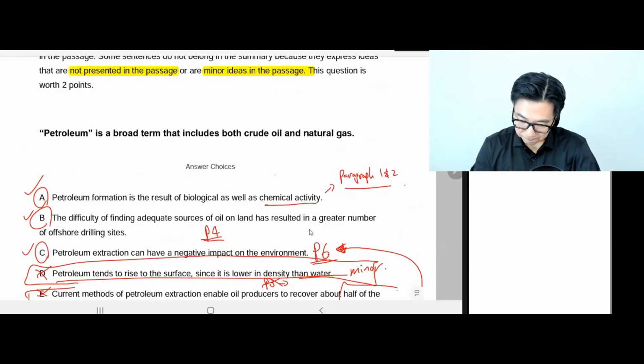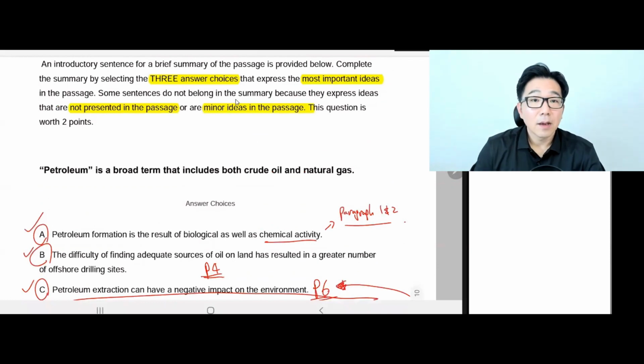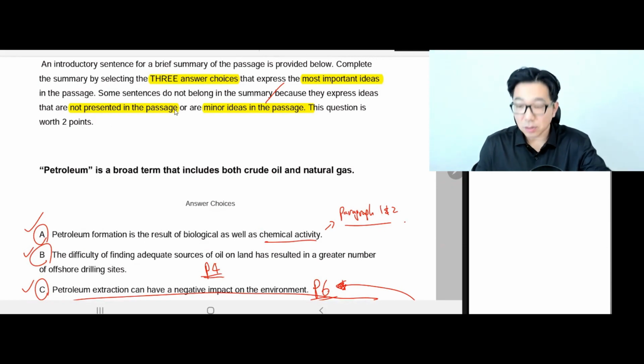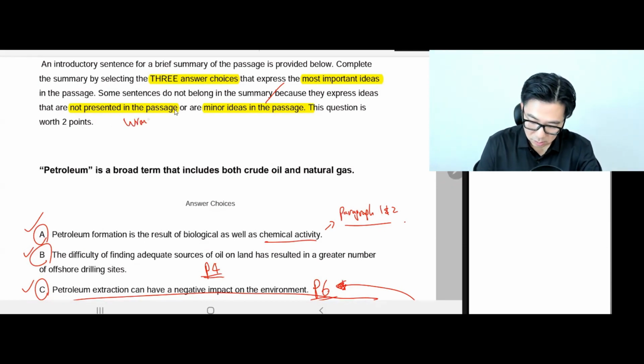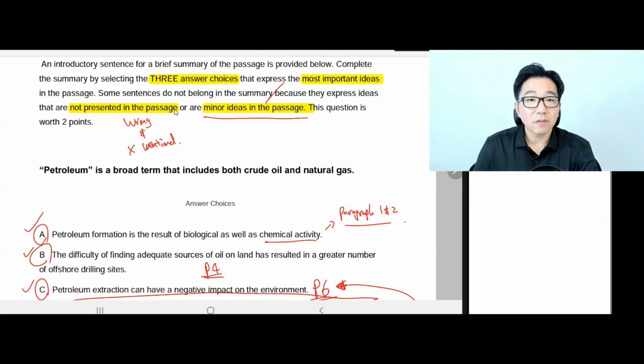See? Some sentences do not belong in the summary. Some answer choices are wrong because they express ideas that are not presented in the passage, so basically wrong information. Same thing, not mentioned. Or they are minor details of the passage.